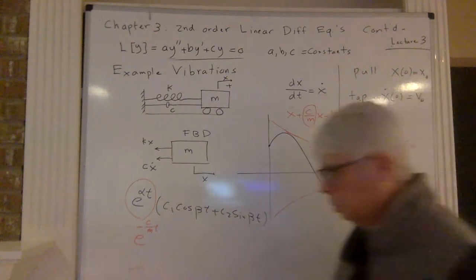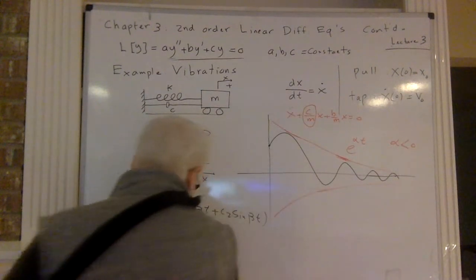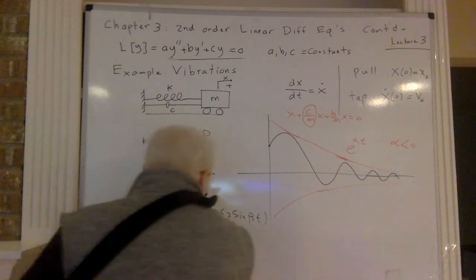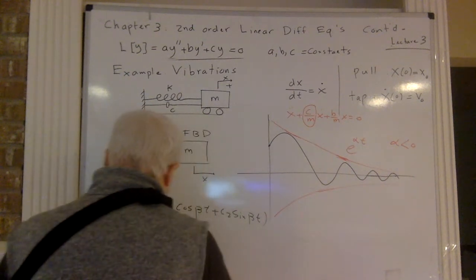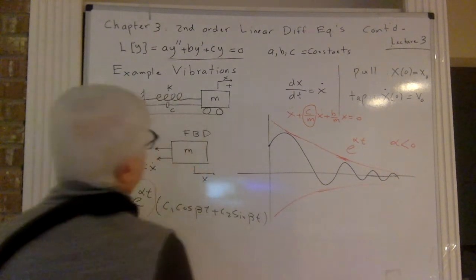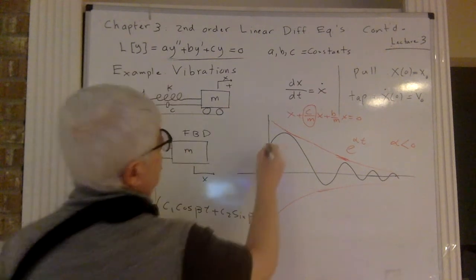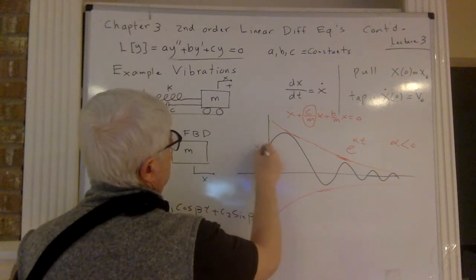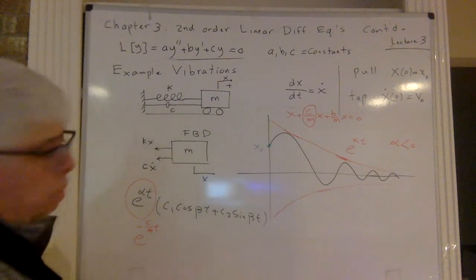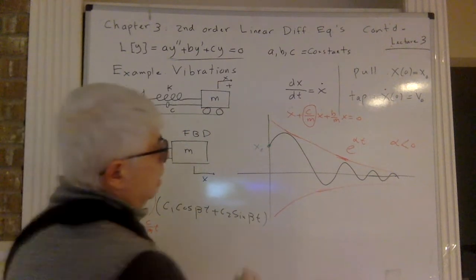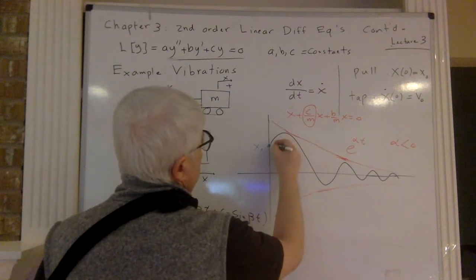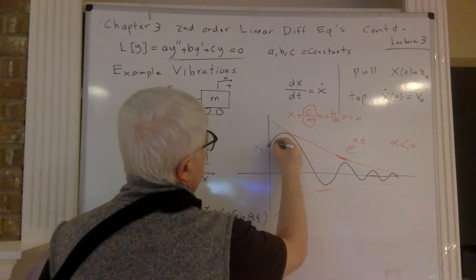Now, what are these two? Physically speaking, let me show you what they are. First of all, this is x0. That's where you start. X dot 0 is what? That's velocity or speed at the beginning.